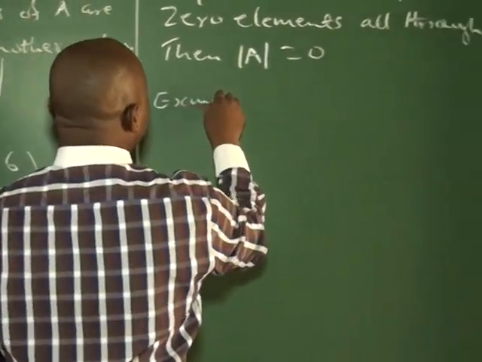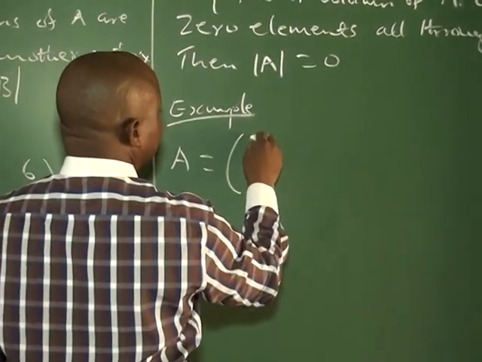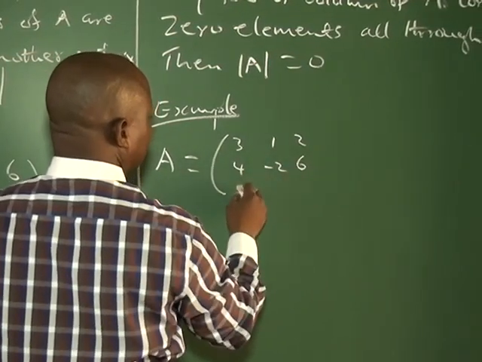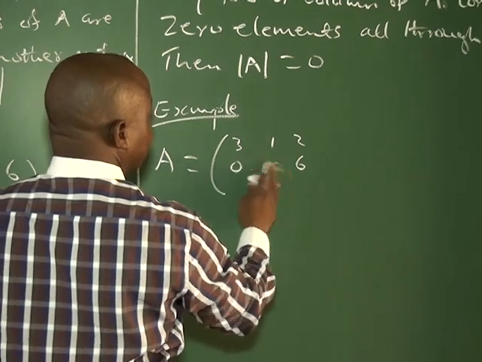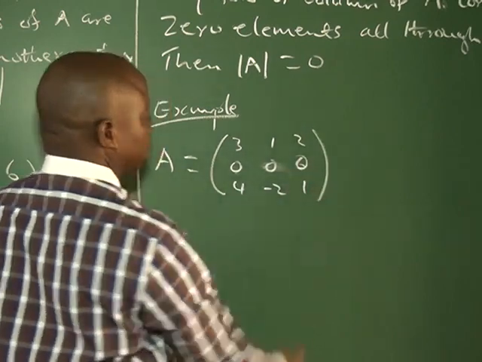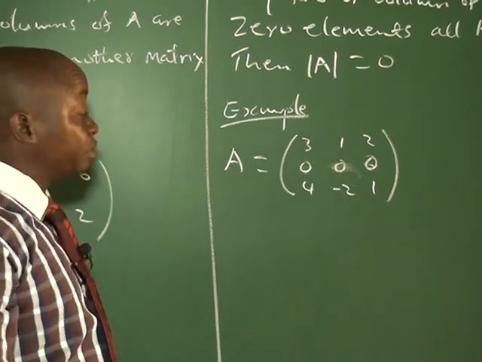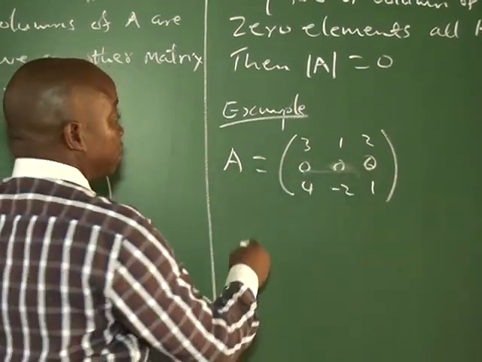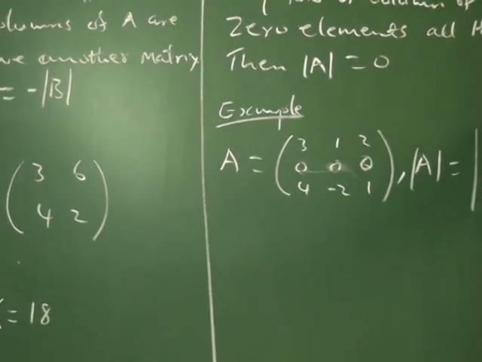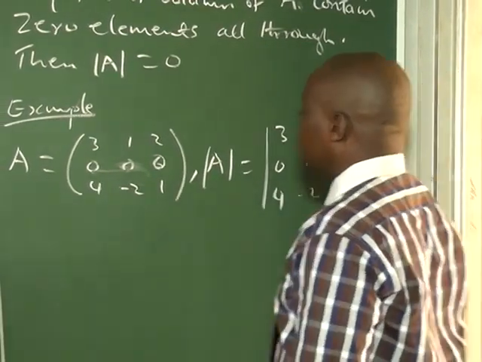Look at the example. Suppose I have A equal 3, 1, 2, 4, minus 2, 6. Then let me put 0, 0 here so that it will help us: 4, minus 2, 1. One row contains 0s, even though it could be a column, provided the elements there are all 0. If I take the determinant of A, it will be 3, 1, 2, 0, 0, 0, 4, minus 2, and 1.